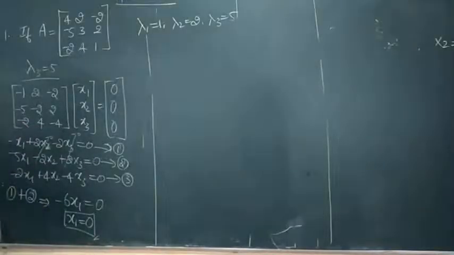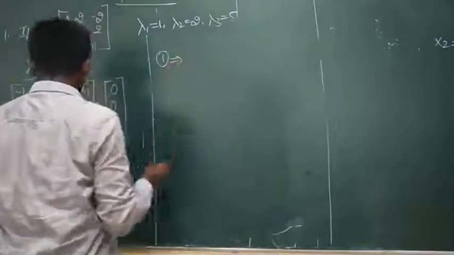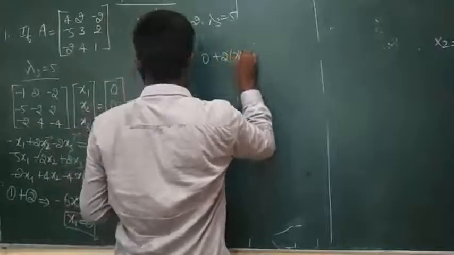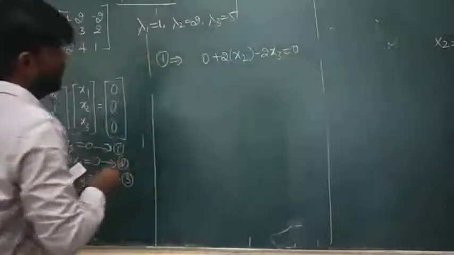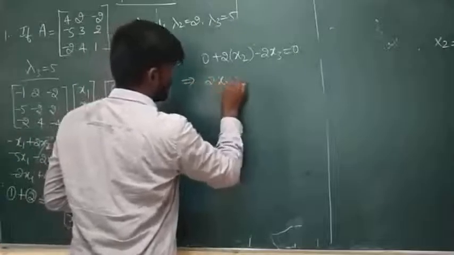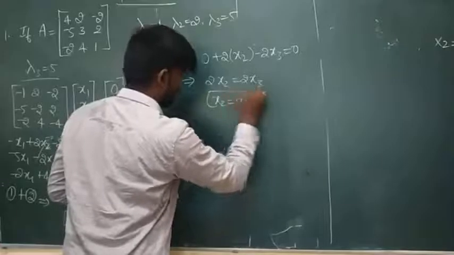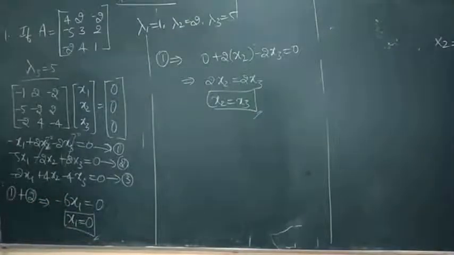Okay. So now from equation 1, substituting the x1 value in equation 1, we get 0 plus 2 into x2 minus 2 into x3, which is equal to 0. Which implies 2x2 is equal to 2x3. Therefore, x2 is equal to x3. Therefore, we put x2 as k.